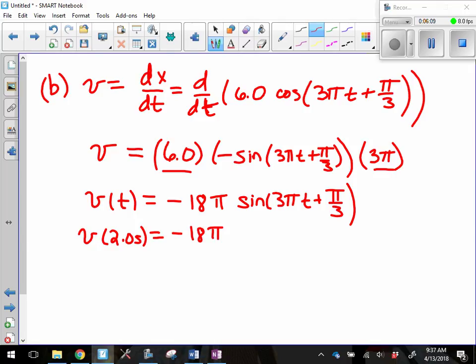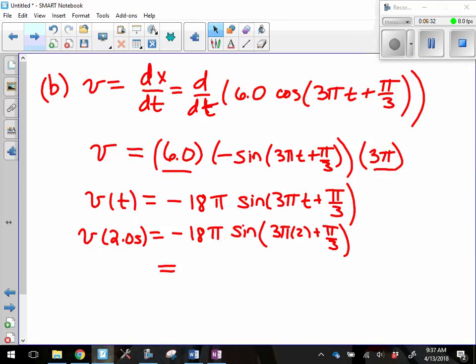So that gives me negative 18 pi times the sine of 3 pi times 2 plus pi over 3. So what am I going to get? And you can leave it, I guess I put it into a decimal. I substituted in for the pi.